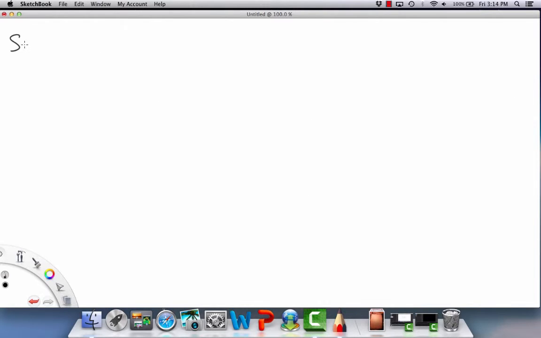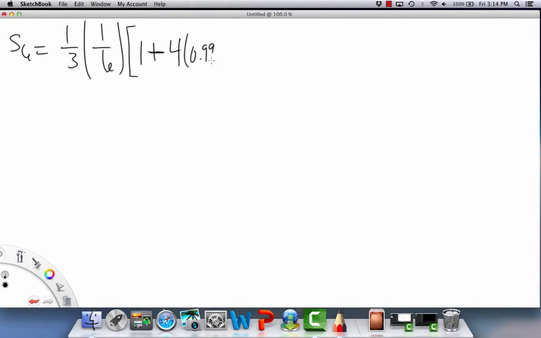So now we get that S6 equals 1 over 3, and our delta x was 1 over 6. So then we have a 1 over 18 out here. And then we have our 1, and don't forget the pattern, remember, so 4 times y1, which is 0.9996, plus 2 times y2, which is 0.994, plus 4 times y3, 0.969.